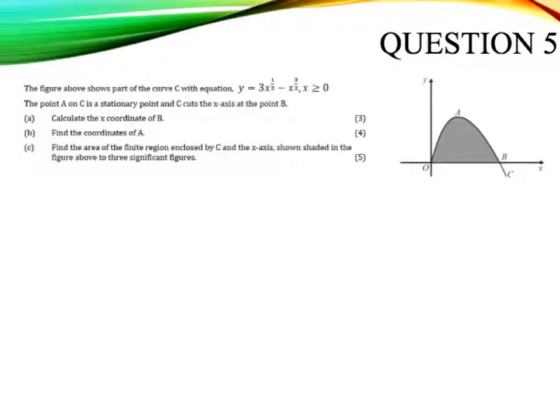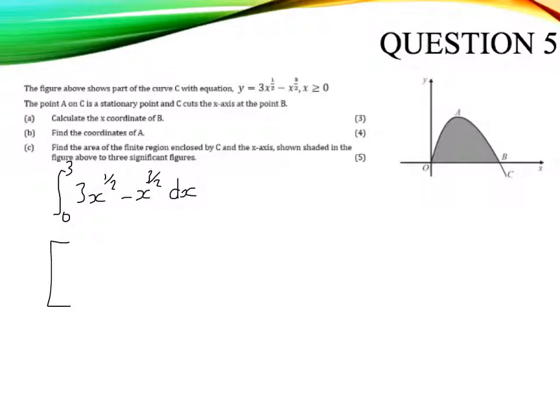So what we need to do now is integrate between 0 and, well, b, which we know is 3. So integrating between 0 and 3 this function here, 3x to the half minus x to the 3 over 2 with respect to x.